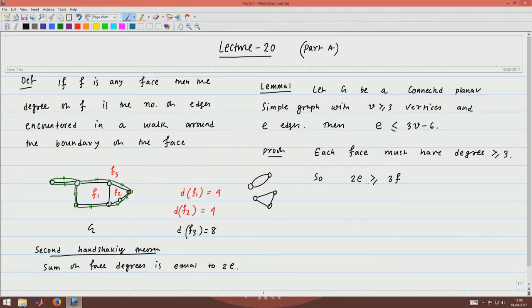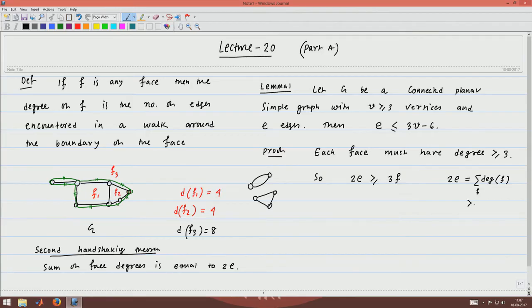Twice E is the sum of face degrees over all faces, and each of them I am replacing by 3, a smaller quantity, because a face degree could be greater than 3 also.